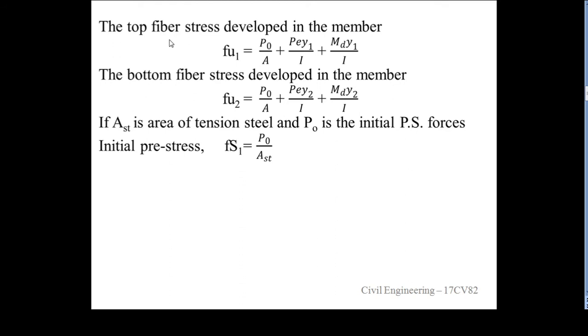Then the top fiber stress developed in the member, fu1, is equal to P0 by A plus P0 e y1 by I plus MD y1 by I. What is this? The first is due to axial stress, the second is due to eccentric stress, and the third is the stress developed due to moment.